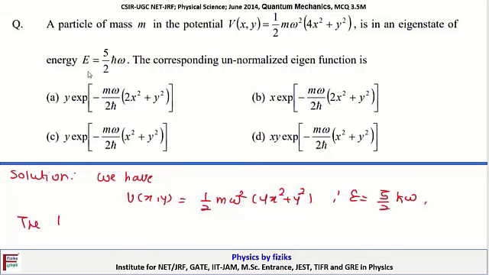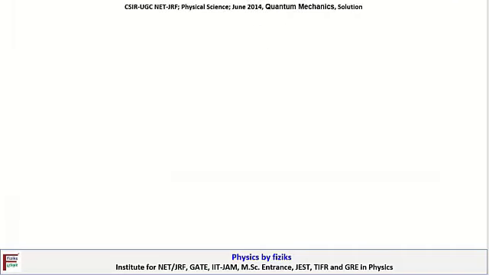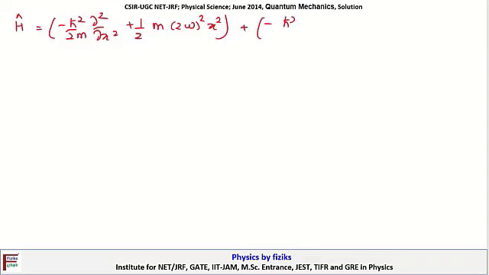The Hamiltonian corresponding to this is H equals minus h square by twice m del square by del x square plus 1 by 2 m 2 omega square x square, plus minus h square by twice m del square by del y square plus half m omega square y square, which can be written as Hx plus Hy.